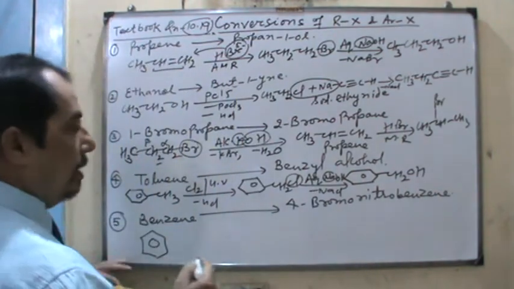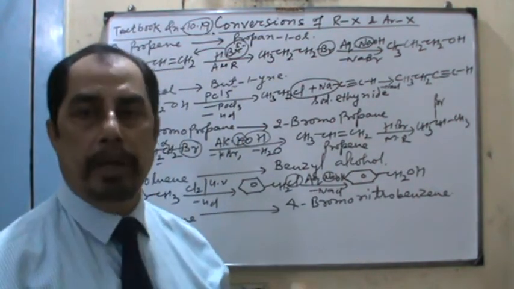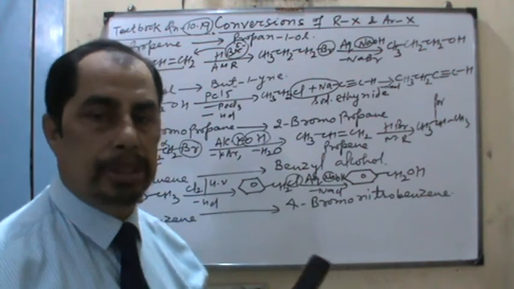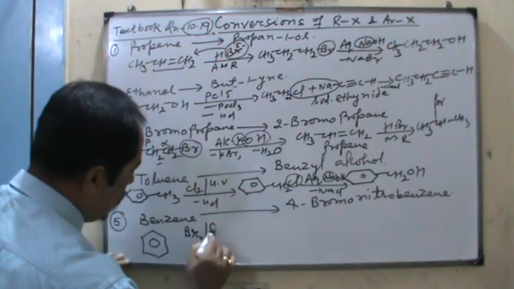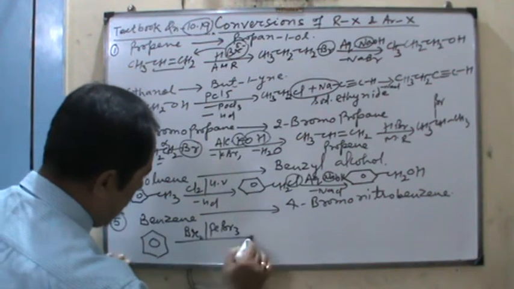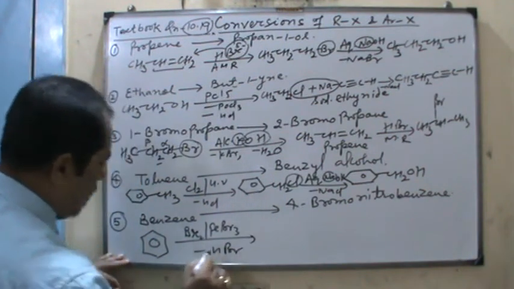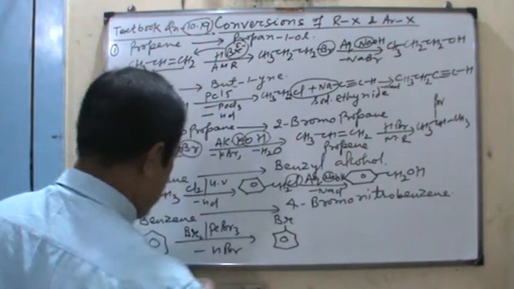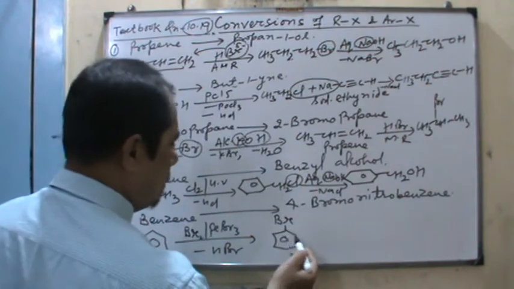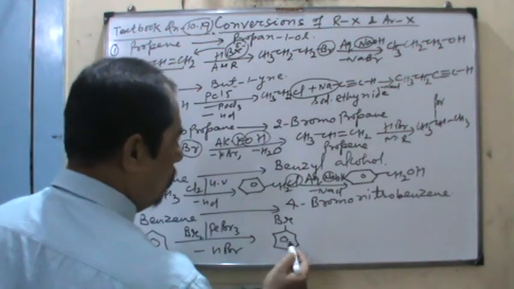So bromination, if you get the bromobenzene, it is ortho and para directing. 4 is the para position. Therefore you need here bromination in presence of FeBr3, minus HBr. This is the bromobenzene, and this is the 1, 2, 3 and 4.